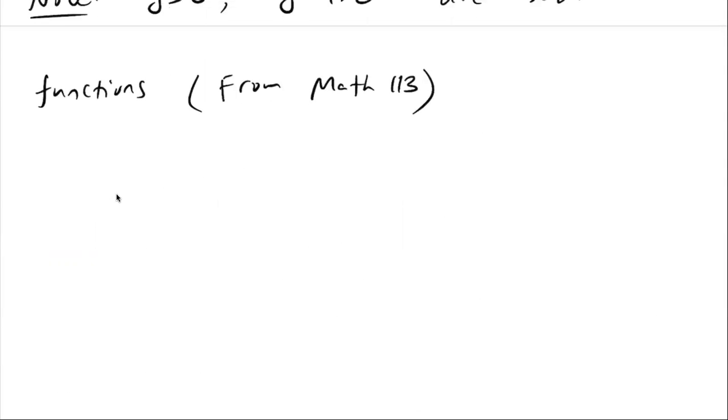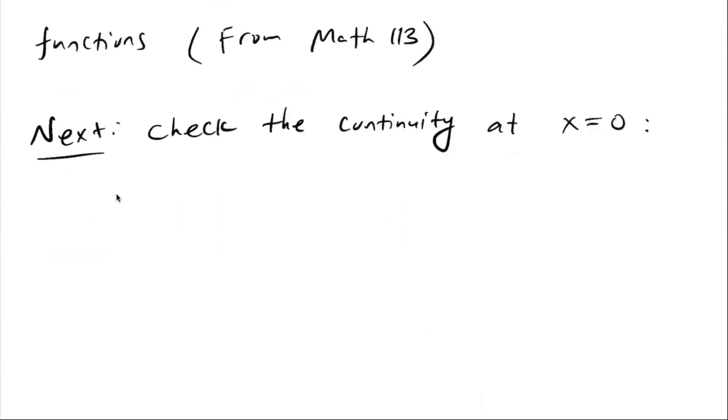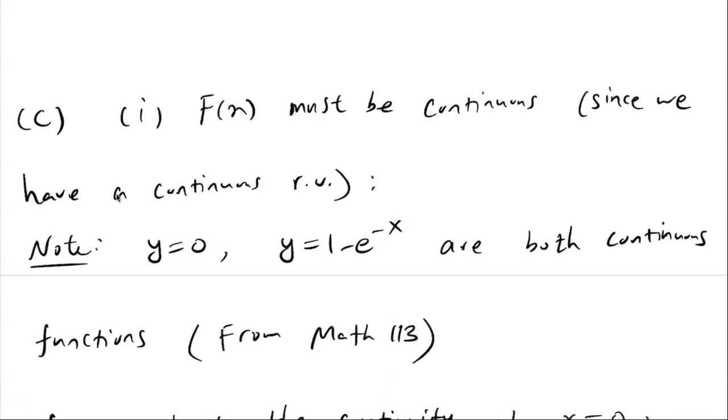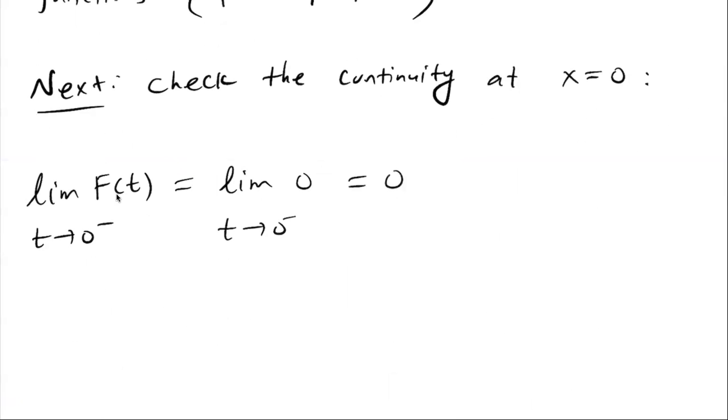So next, check the continuity at the border point, which is x equals 0. So what is the left limit and right limit at 0? Left limit: capital F of t as t approaches 0 from left means limit of 0, t approaches 0 from left, and that is 0.